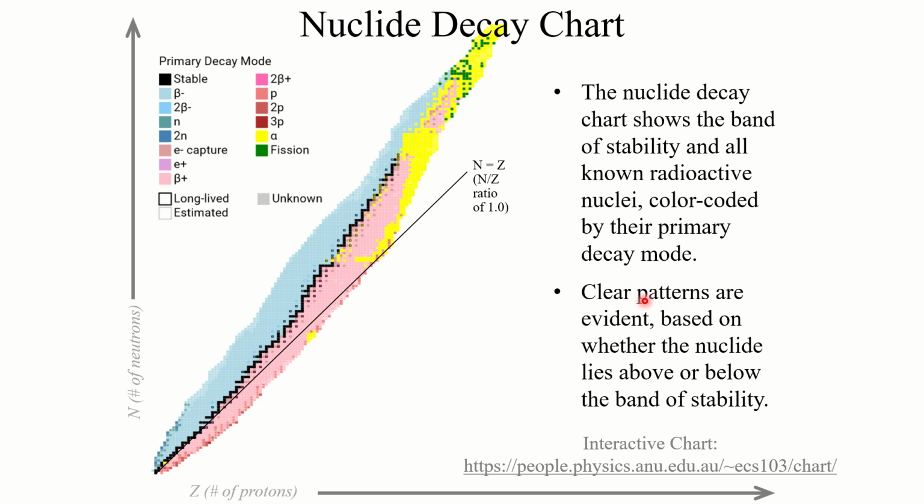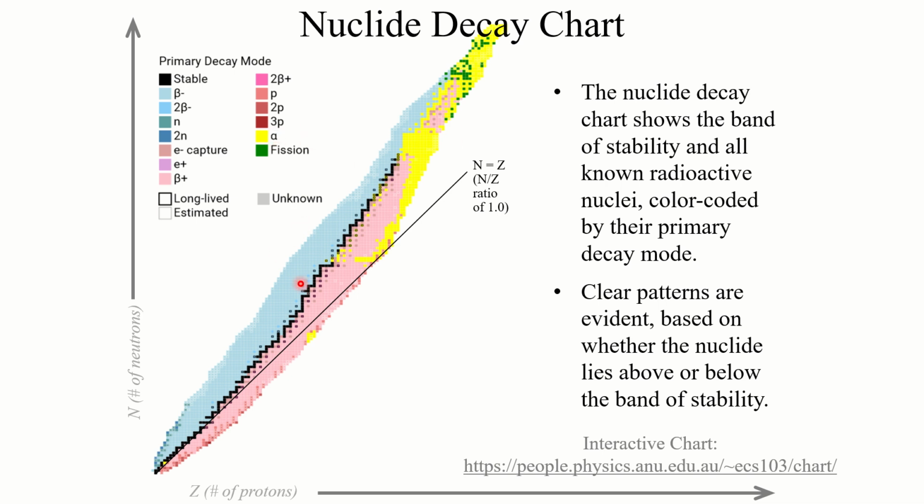There are some pretty clear patterns evident here based on whether the nuclide lies above or below the band of stability. So note the ones down here below the band of stability versus the ones up top here. The ones up top are all blue, the ones on the bottom are all pink, and then out here with the heavy atoms we typically see a lot of yellow, which refers to the alpha particles.